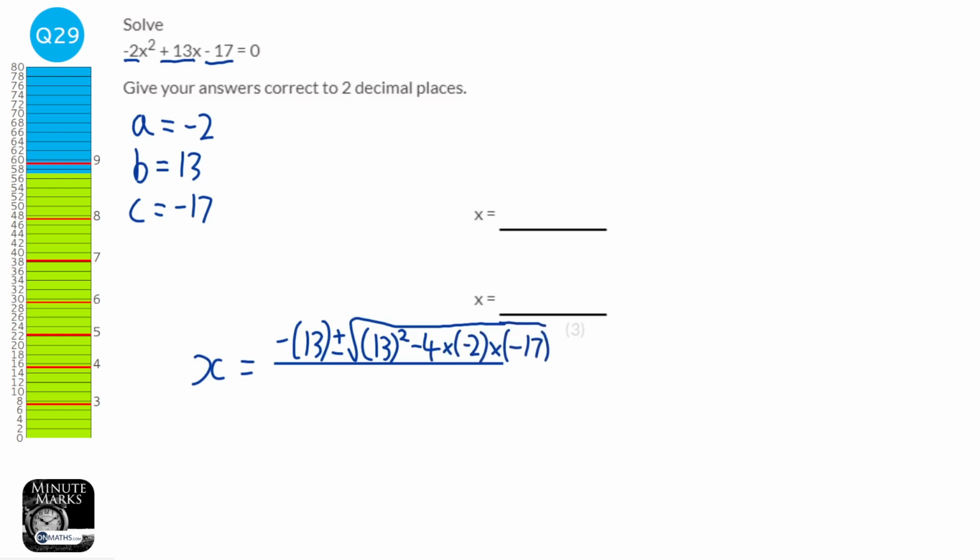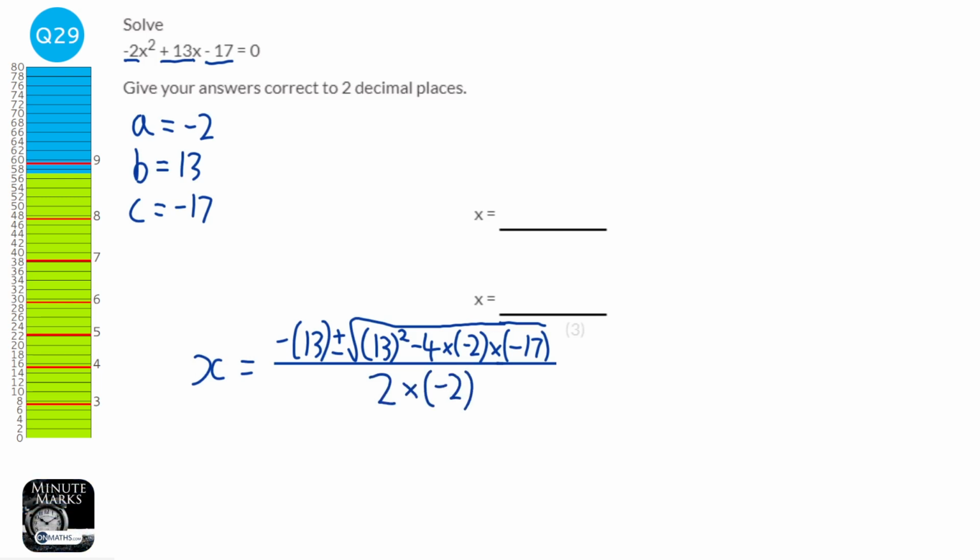Okay, and the reason we put the brackets is that it's very, very easy to make mistakes with the negatives, and so if you put all the numbers in brackets, you'll never make that mistake, and it's going to be over 2a, so that's 2 times minus 2.